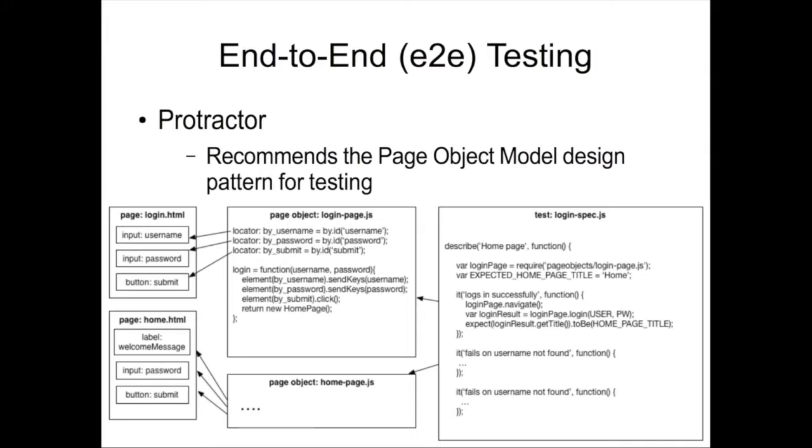Furthermore, in my opinion, it makes it a lot more readable. You could take this to a business person and they could read through these steps and actually see what the test is doing. So it's about as close as you can get to manual reproduction steps in case an actual bug comes out.